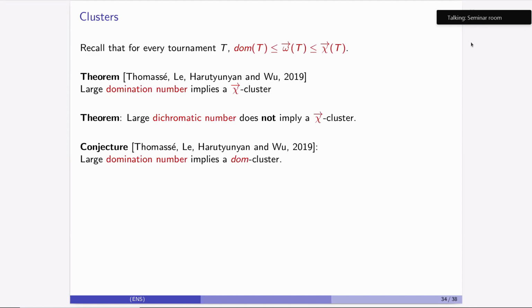If you replace domination number by dichromatic number, if you have large domination number, you automatically have large dichromatic number. It's not true the other way around. And this is false. You can have a large dichromatic number with no chi cluster. For the construction, you just take an undirected graph with very large girth and large chromatic number, make a tournament out of it, and every bounded size subtournament will be a forest. You cannot have a large chromatic number.